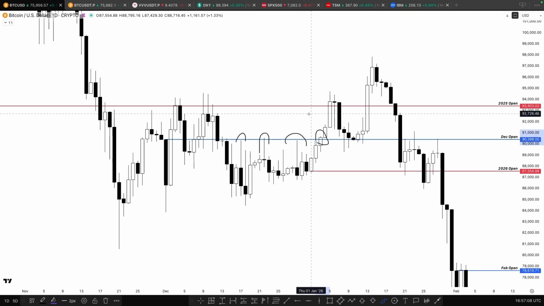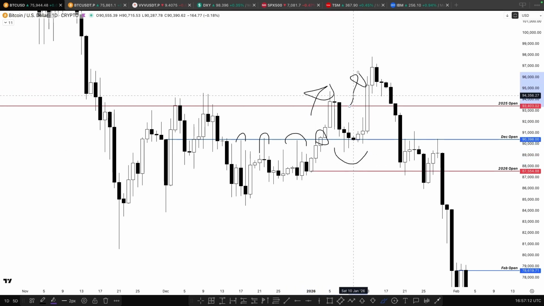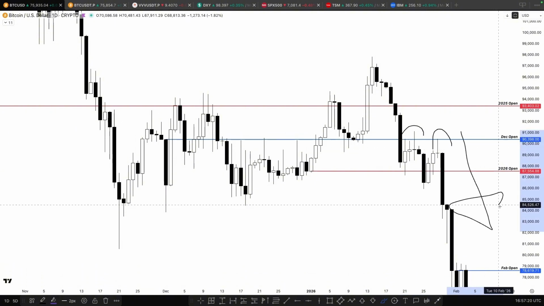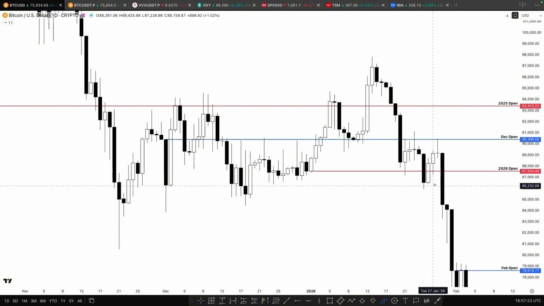You then flip it, which leads to continuation. You hold it as support, leads to further continuation. Very, very simple. And then when you lose the December open, guess what? You backtest it as resistance, which leads to downtrend continuation. And that was then combined with losing the 2026 open, which led to continuation lower.